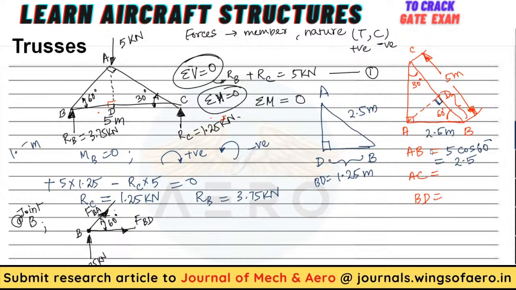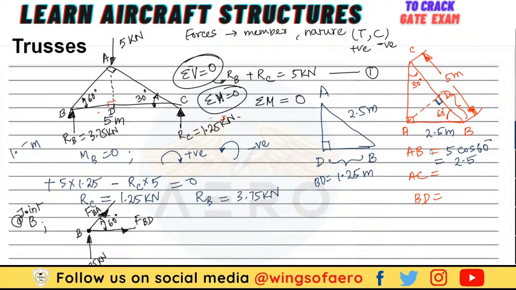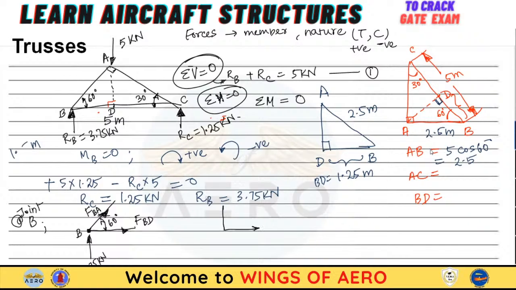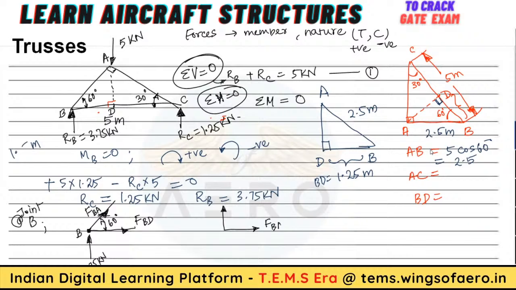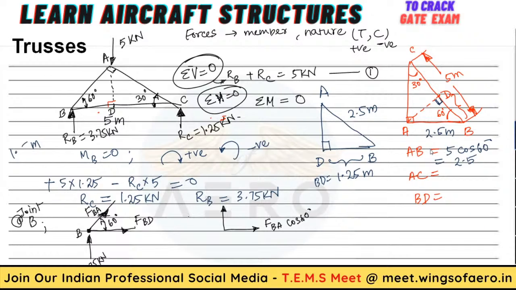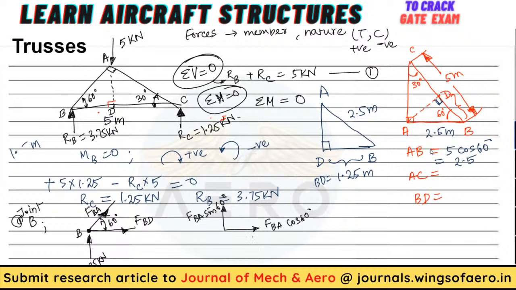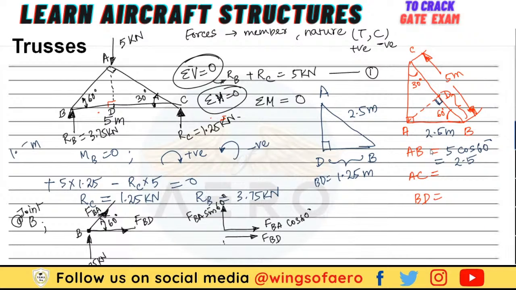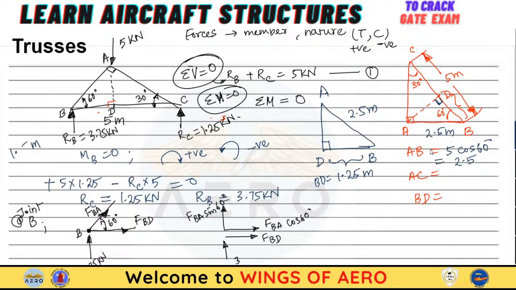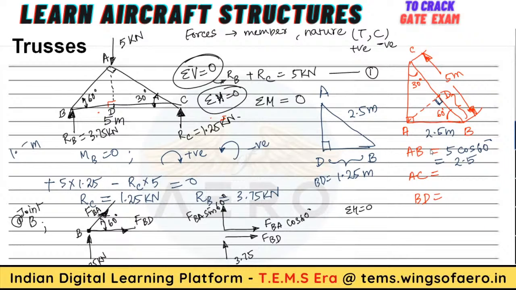Now I need to resolve this F of BA. If I resolve F of BA, I will get one in a cos and one in a sine direction. So F of BA cos 60, and here F of BA sine 60. Then another force we have, F of BD. Then we have here 3.75. Now you need to take summation of horizontal forces equal to 0.